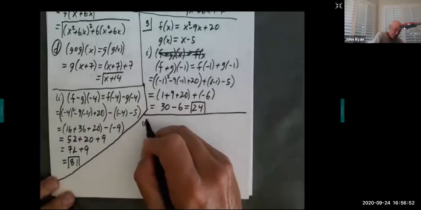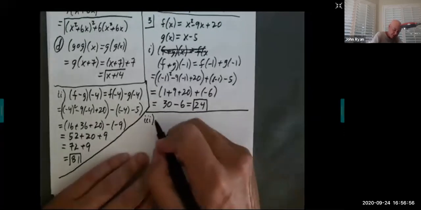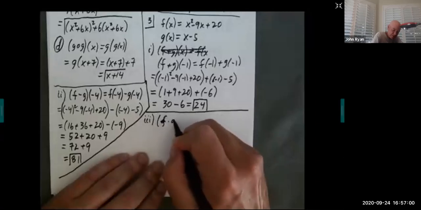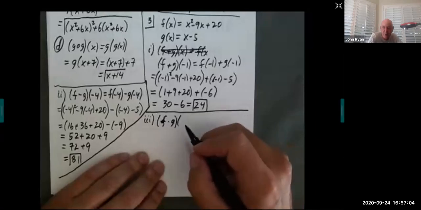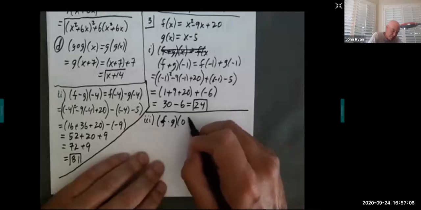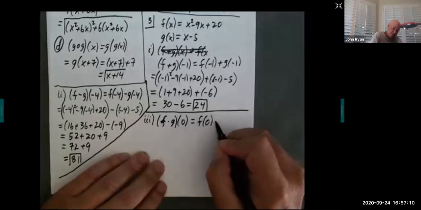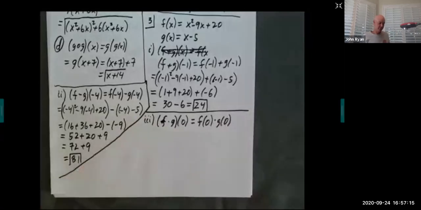Part 3 says we're going to take f times g and evaluate it at -4, I'm sorry, 0. That.